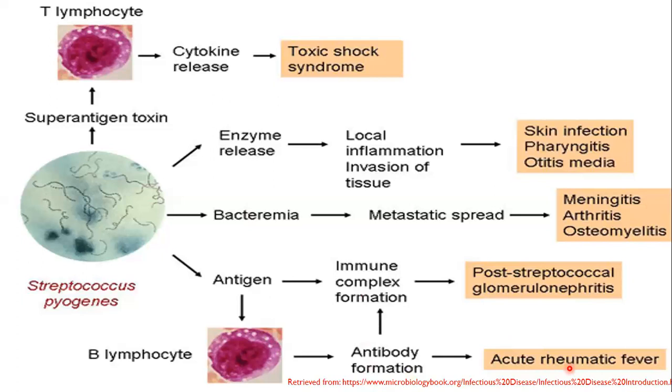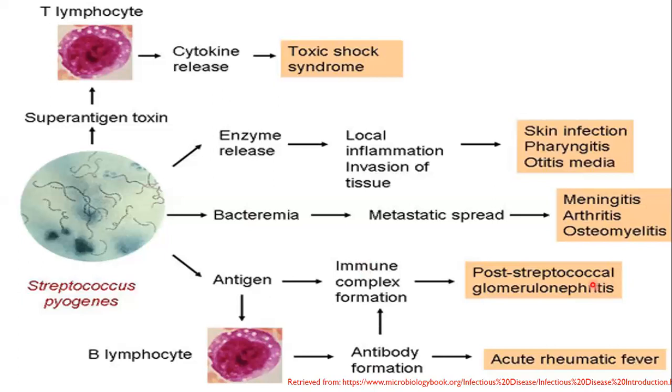Now sometimes, these antibodies react with the antigen in question, forming immune complexes. These immune complexes become deposited in the kidneys, and there in the kidneys, they induce injury and inflammation, causing glomerulonephritis.